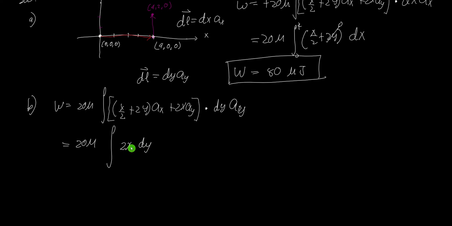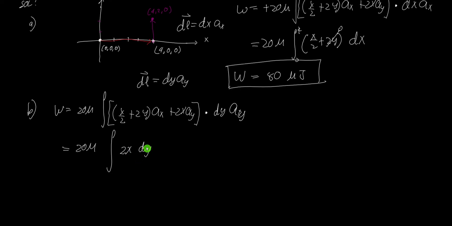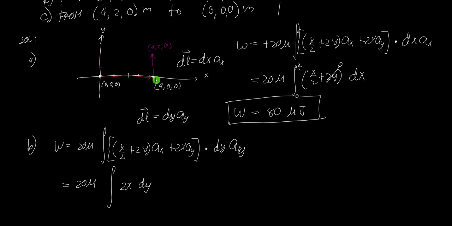So we cannot do that. So we need to change this in terms of y. And what's the value of x, because 2x? At this point, the value of x is 4. At this point, the value of x is also 4. So our x here is just equal to 4.